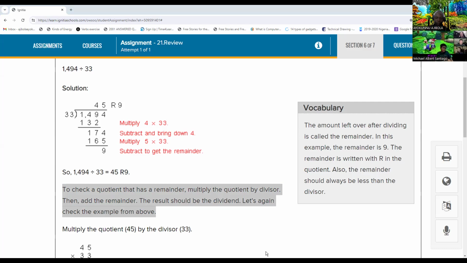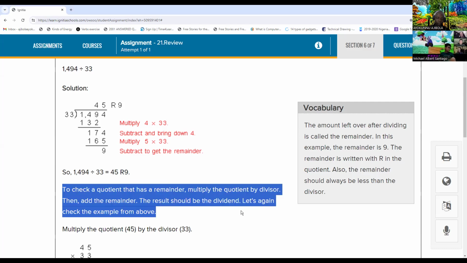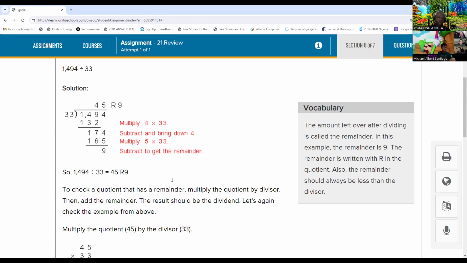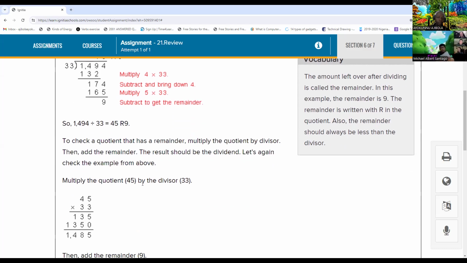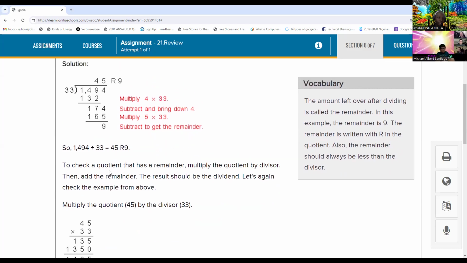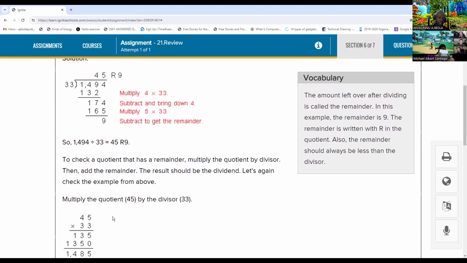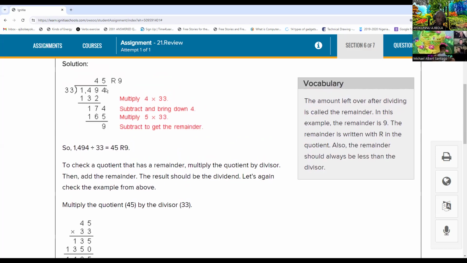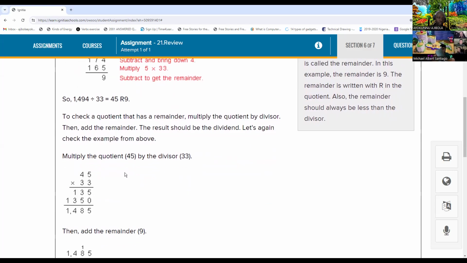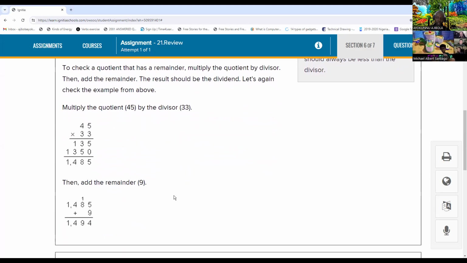To check a quotient that has a remainder, multiply the quotient by the divisor, then add the remainder. The result should be the dividend. So that means we have to multiply the quotient by the divisor. What's our quotient? 45. Then 45 times 33 gives us 1,485, which is not our dividend yet. But when we add the remainder, which is 9, it's going to give us our dividend. Is that clear?